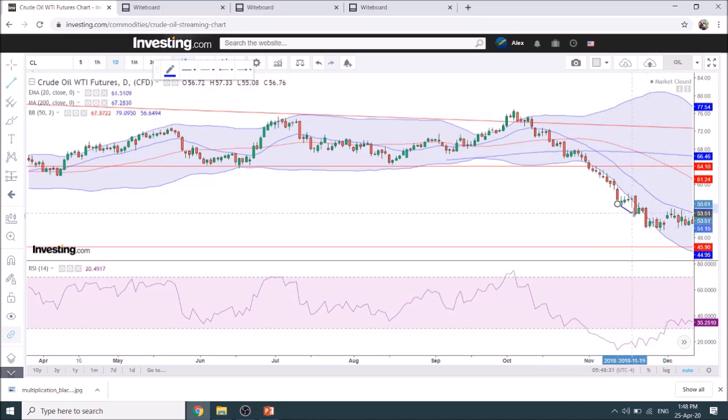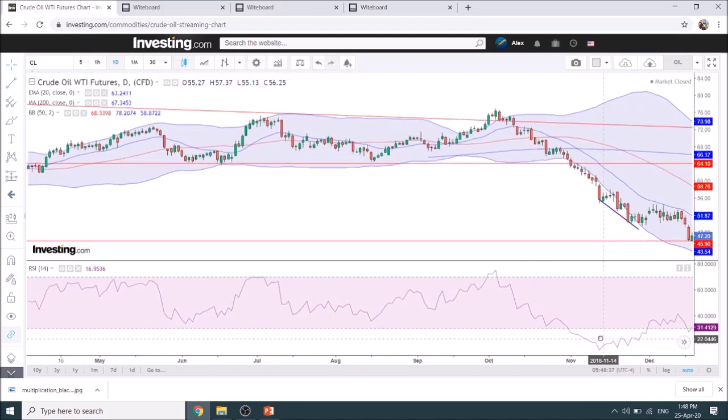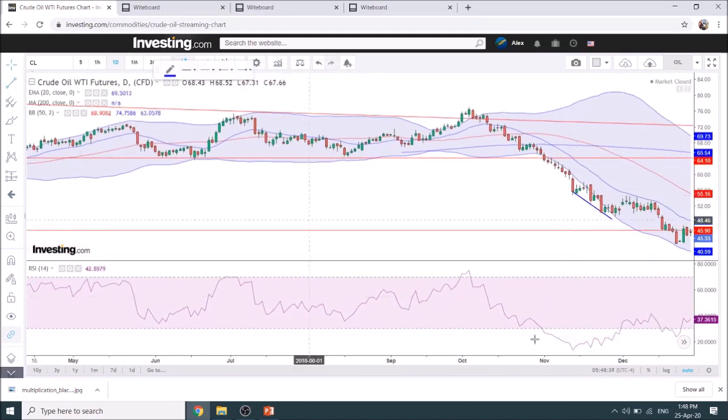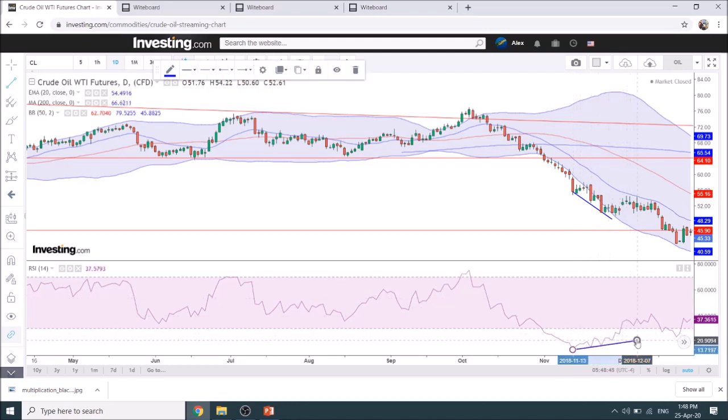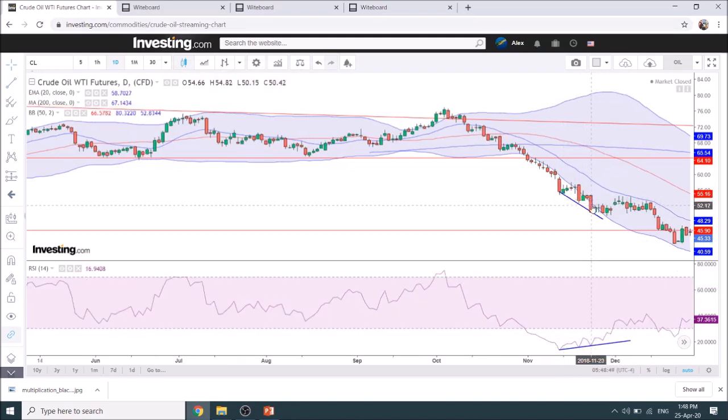Then the price kept dropping, while here at the bottom we can see that the RSI was making higher lows. Sorry, it's wrong. Down here, yes. So yes, that's what it means on the chart. So basically the price keeps coming down, but the RSI is actually moving up.